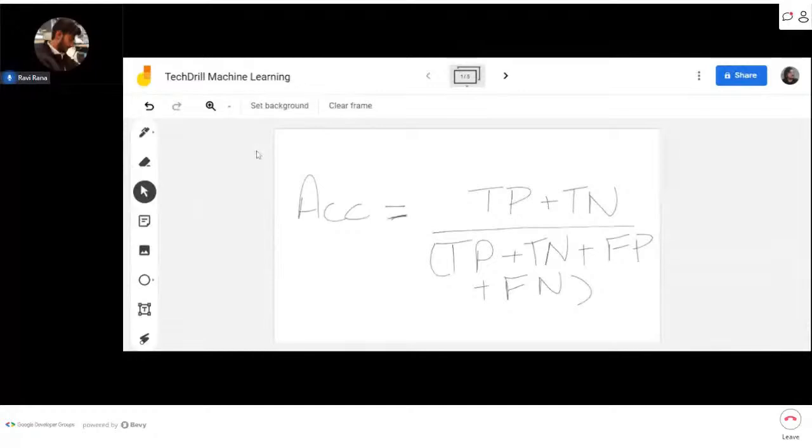Classification learning model. What do we do in confusion? So what is it?